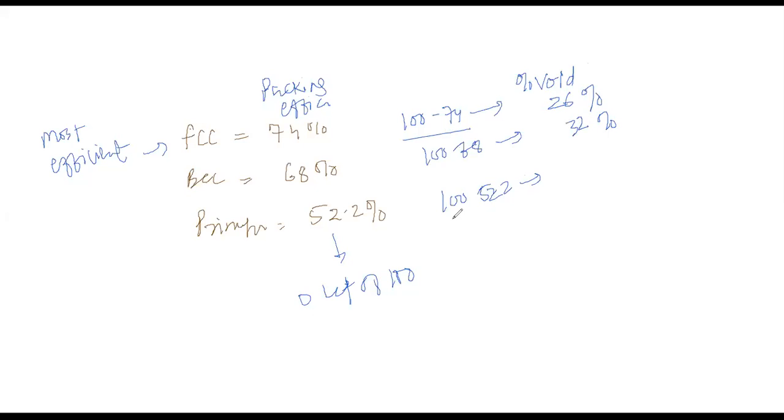And for primitive kind of unit cell, what can we say? 47.3. Very good. Can you repeat again? 47.8, I think, because it's 0.2. Am I right?